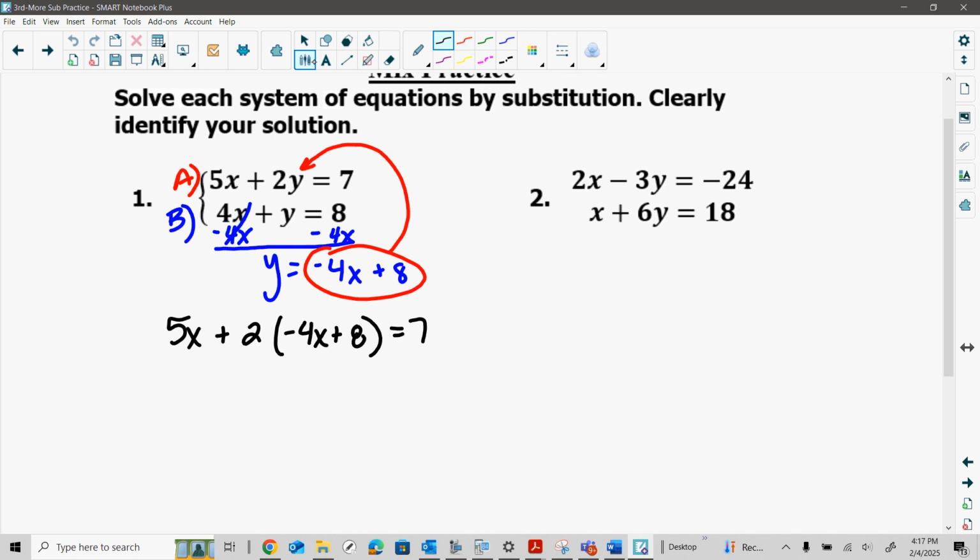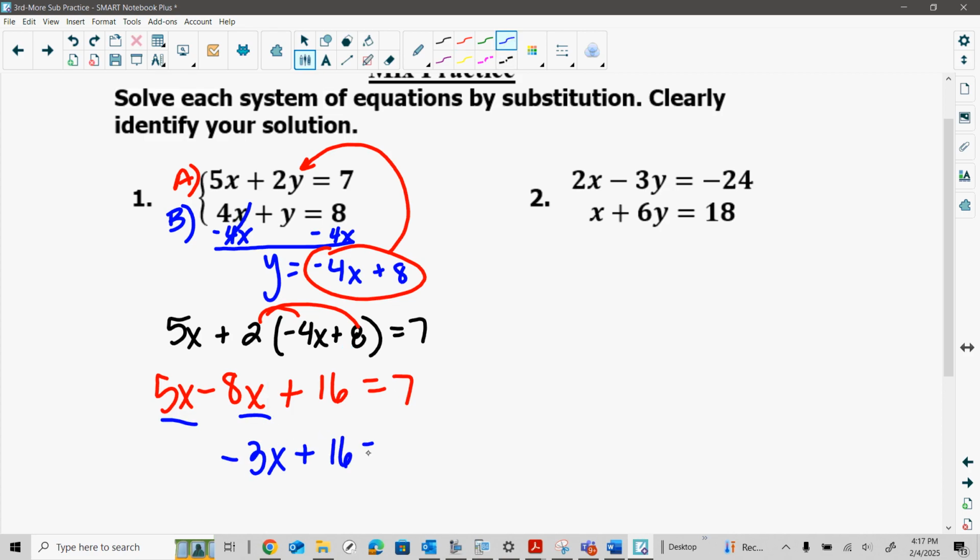So when you continue this, you have to distribute. Hopefully you have your 5x minus 8x, then plus 16 equals 7. You need to combine like terms here. So you're left with a negative 3x plus 16 equals 7, and then you're solving for x.